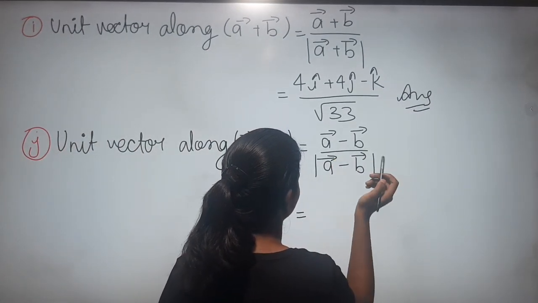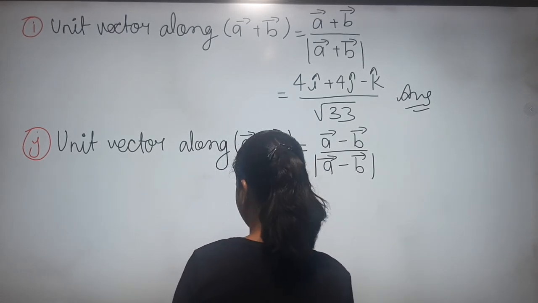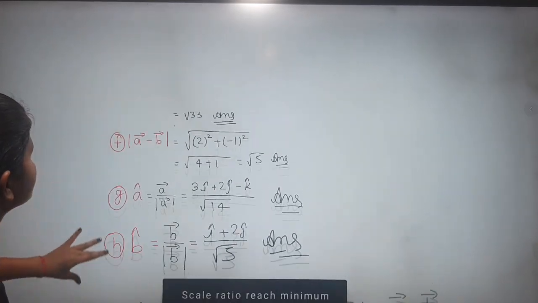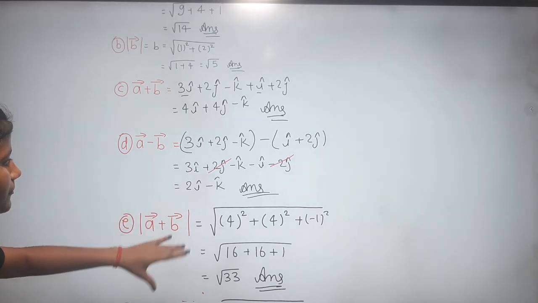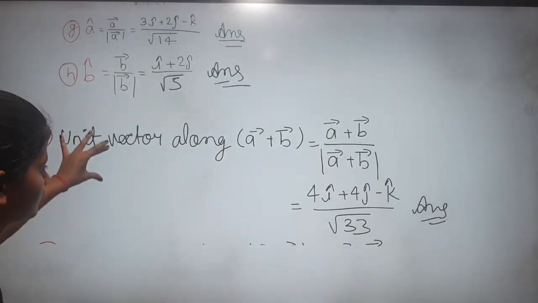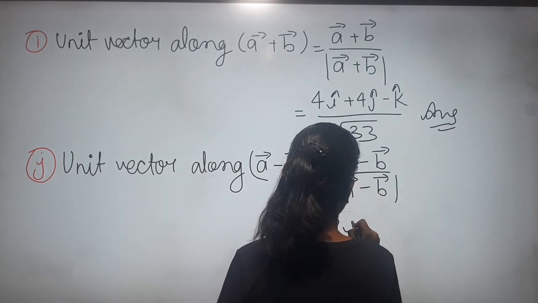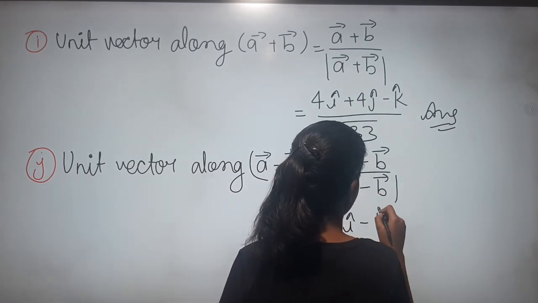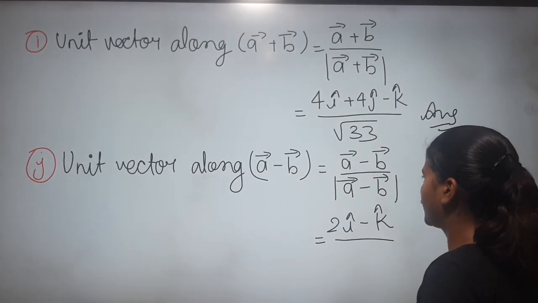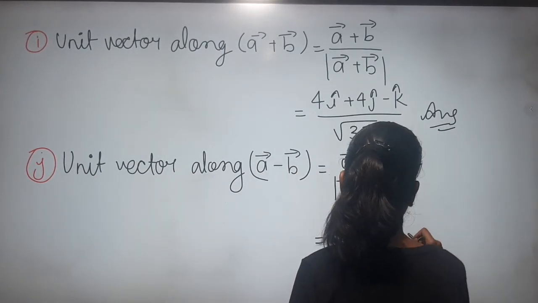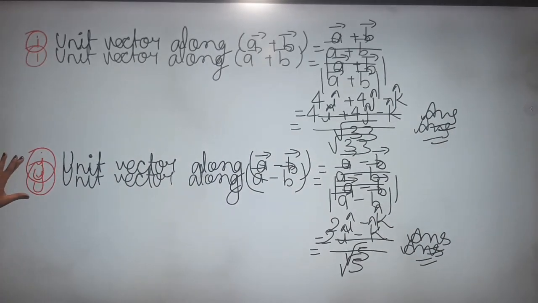So a vector minus b vector is 2i cap minus k cap by the magnitude of a vector minus b vector, root 5. So this one is our answer.